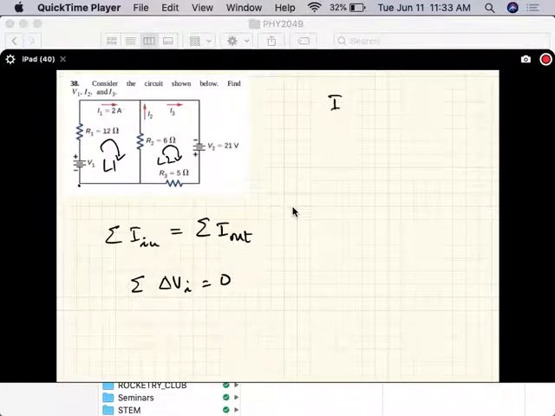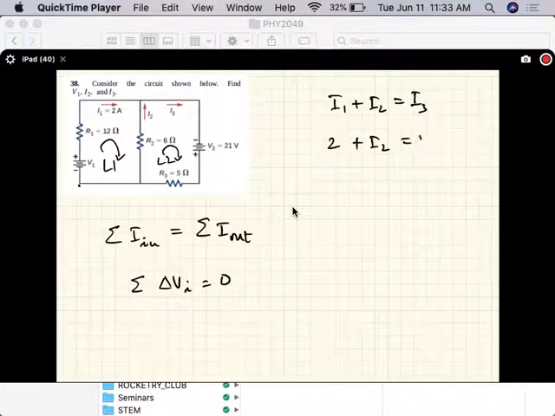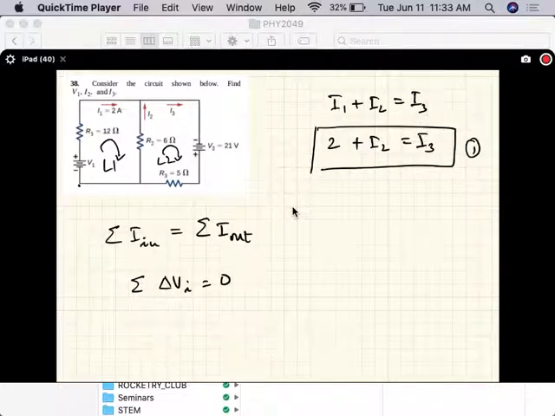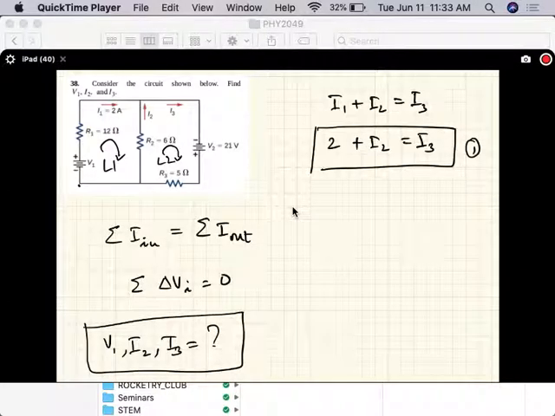And I1 is 2 amps, so 2 plus I2 equal to I3. There is one equation. The three unknowns are V1, I2, I3. So when we're solving this circuit, those are the three unknowns that we need to find.